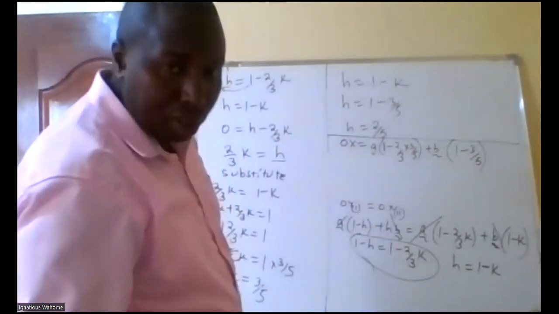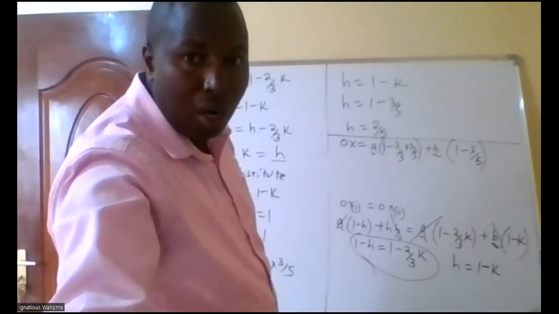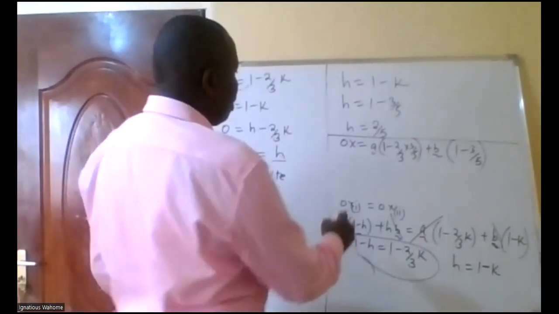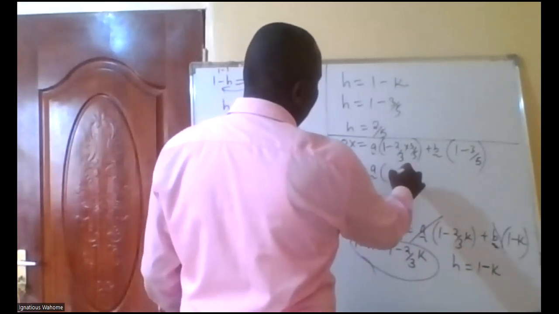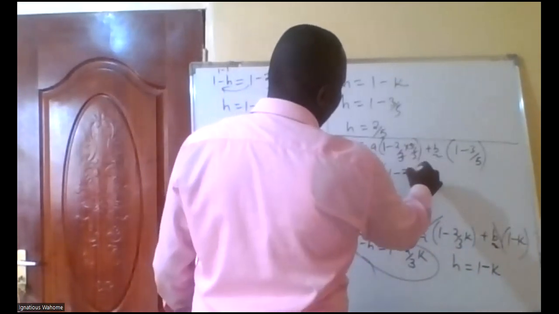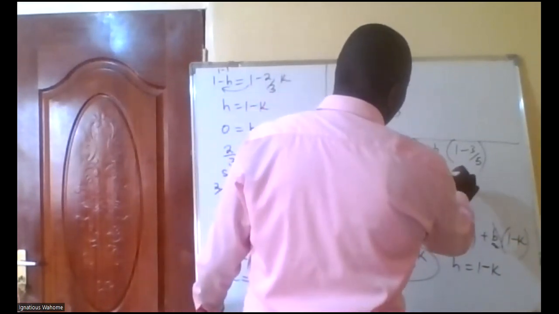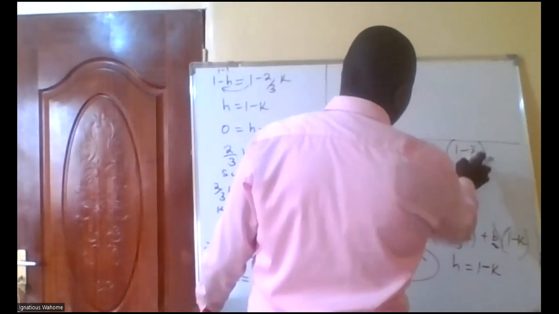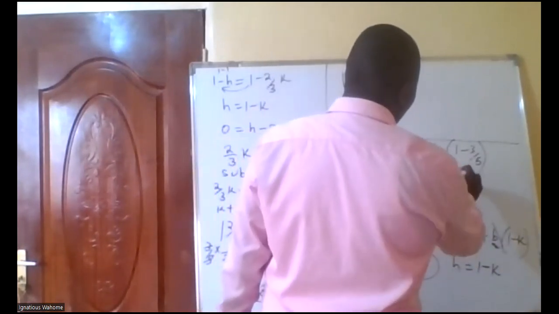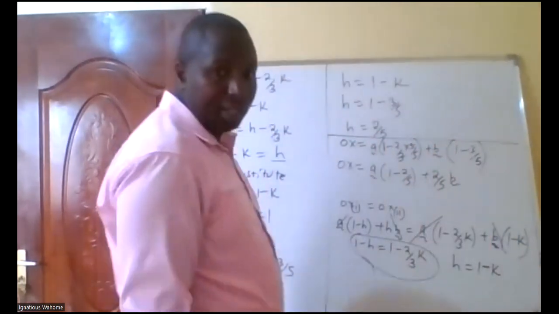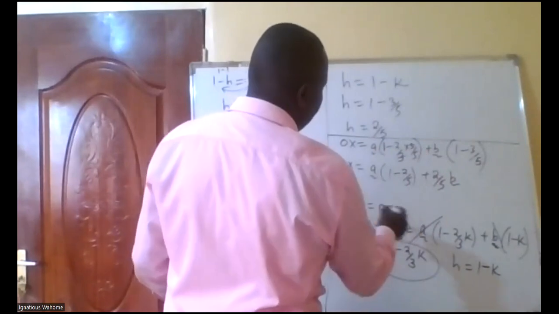Our value of OX will be OX equals vector A times (1 minus 2 over 5), plus 2 over 5 of B. And this one you can also simplify. 1 minus 2 over 5 becomes 3 over 5.